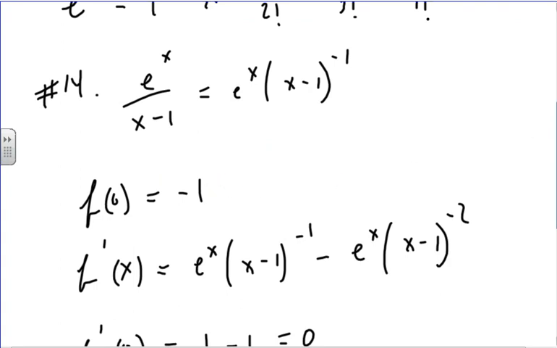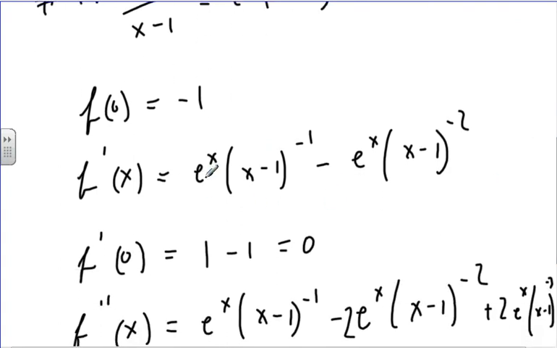This is a minus 1, and this is a minus 1 squared, so it's not going to be 0, it's going to be minus 2.